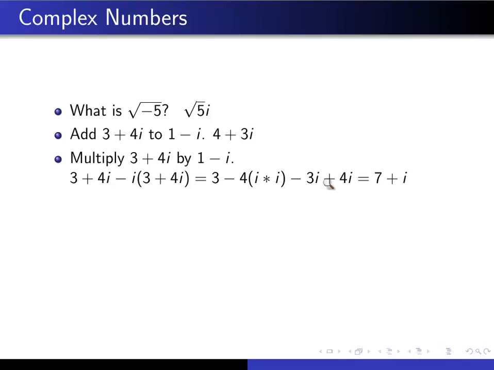We have minus 3i plus 4i, that gives us plus i. So we just have to remember that i squared is minus 1, and otherwise we just multiply things as we normally would.